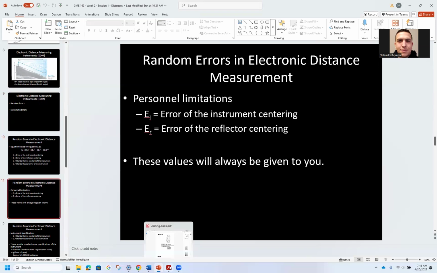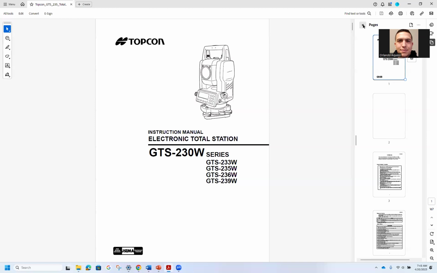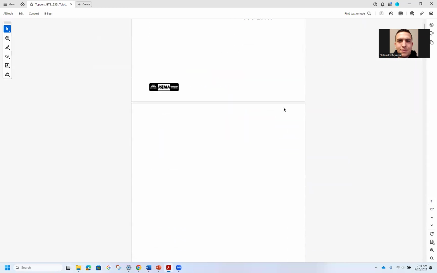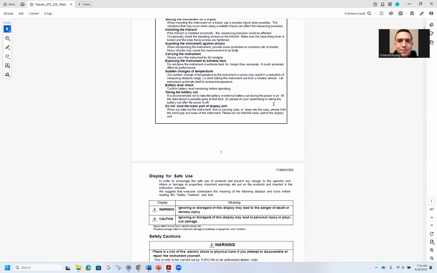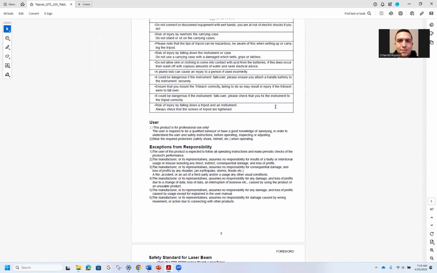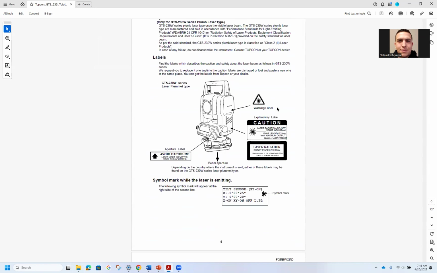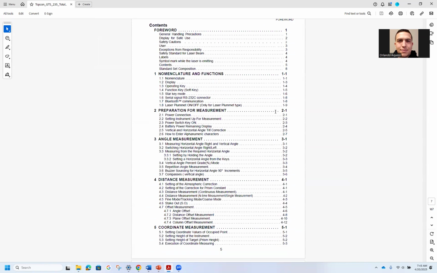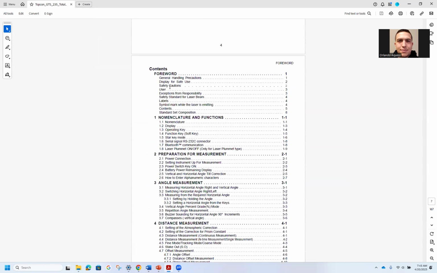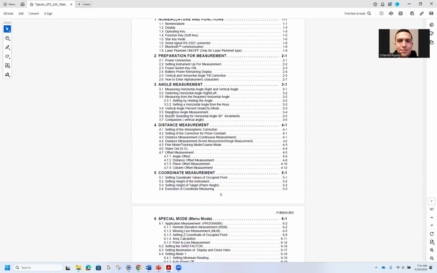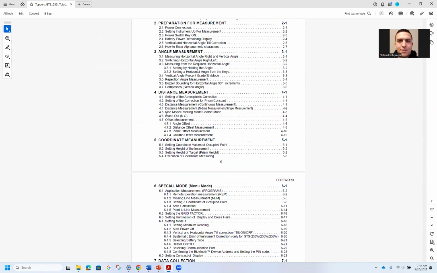Usually those are in a manual like this one, which I will also upload to Canvas, and you guys can look through. It's actually a pretty good manual that gives you a lot of different values and information about those Topcons. Not an easy read, just pretty easy to find the information.